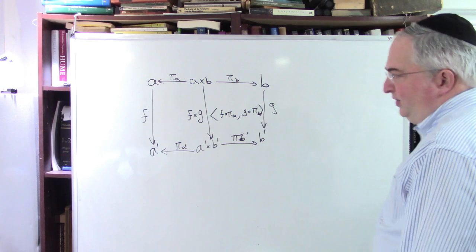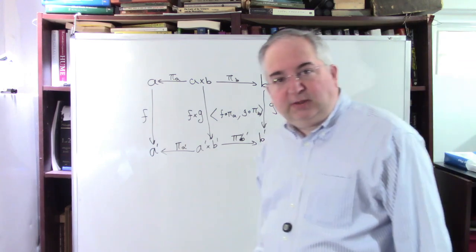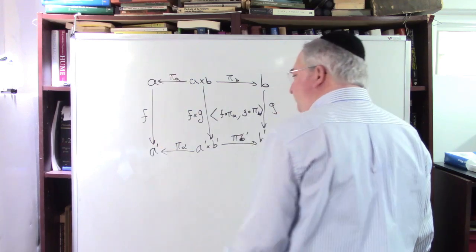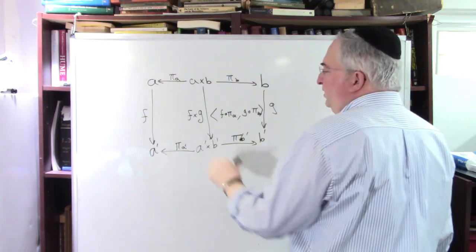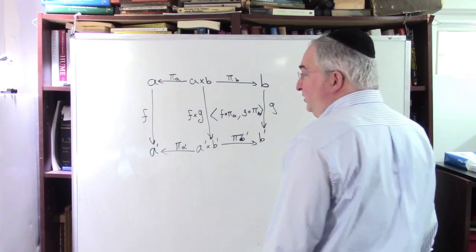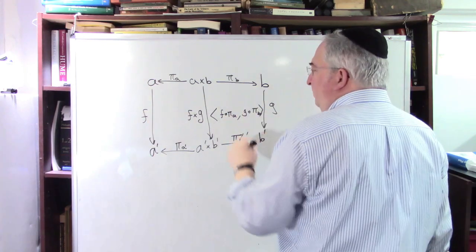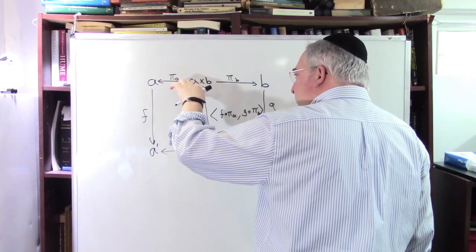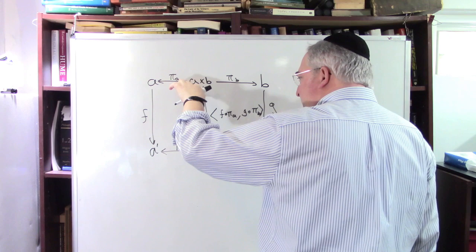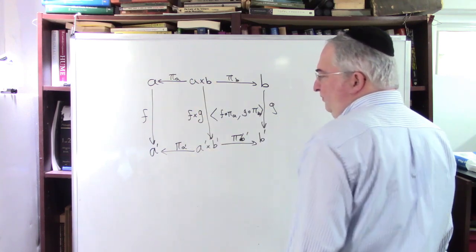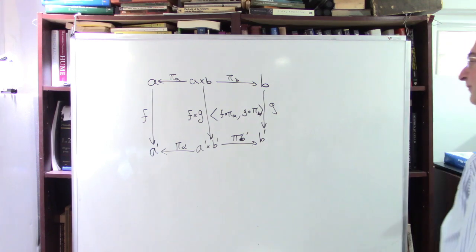Okay, and the way to think of it, by the way, we saw something similar to this when we were dealing with sets, namely if you have a morphism of set functions and another morphism of set functions, you can do them in parallel. That's the way to think of this. You're doing f and g in parallel. So what it does is, you have something in A, you do f of it. You have something in B, you do g of it.